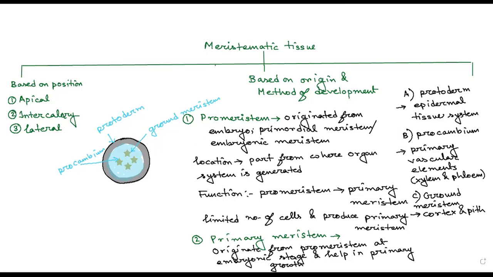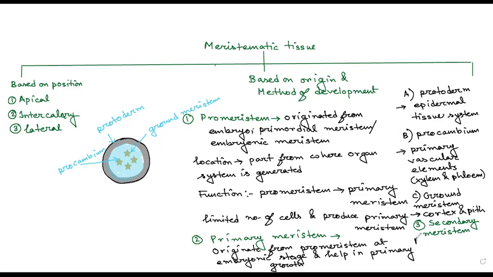Okay, so now we already discussed two types of meristem, that is promeristem and primary meristem. Third type of meristem is also equally important, and that is known as secondary meristem. So what is the specialty of this secondary meristem? From where is this secondary meristem produced?